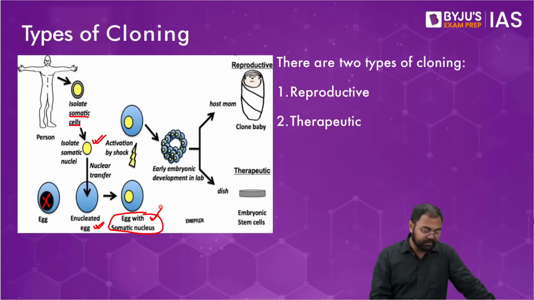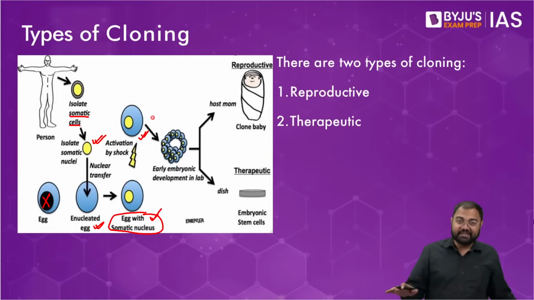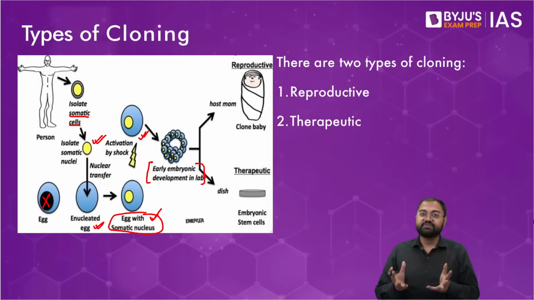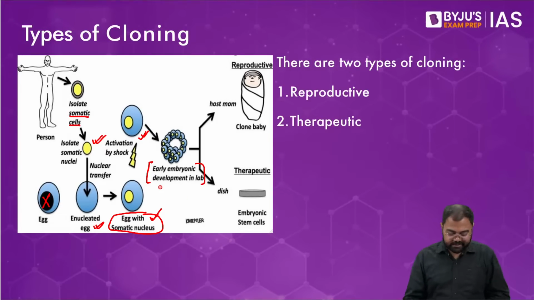And once we have that, activation with the help of shock and chemicals will be done. With the help of certain chemicals and electric shock, we will basically try to activate it. Basically, this is something that will produce a bunch of cells together, which is also called as blastocyst.